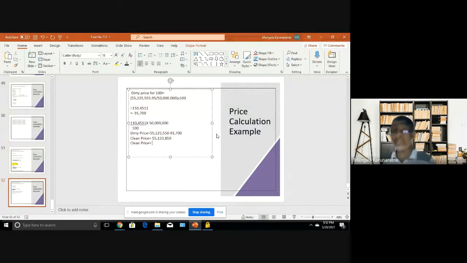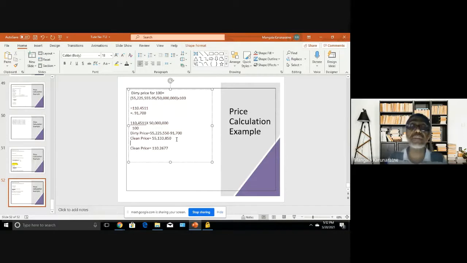So it is 110.2677. So how do we arrive at that figure? Now this is for 50 million, right?